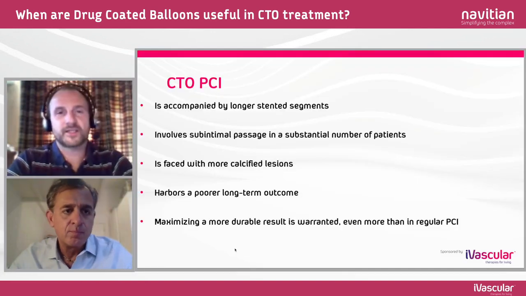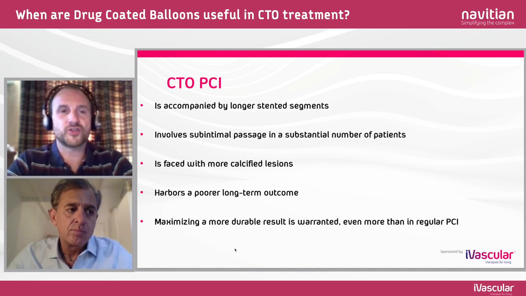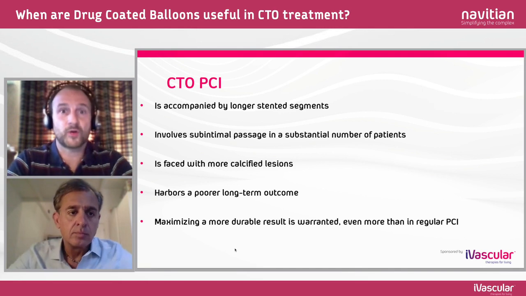It's a very good question, and I don't think I have a total answer, but I can raise some points. First of all, let's focus a bit on CTO-PCI in general. We know that it is usually accompanied by much longer stented segments. It involves several times subintimal passage, so we are not intraplaque, but we are extraplaque or even subintimal.